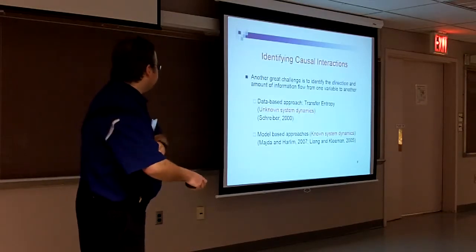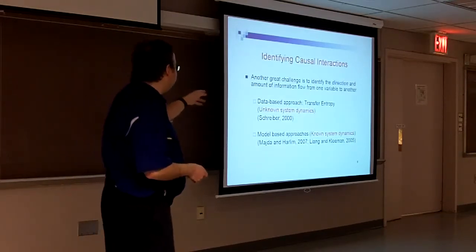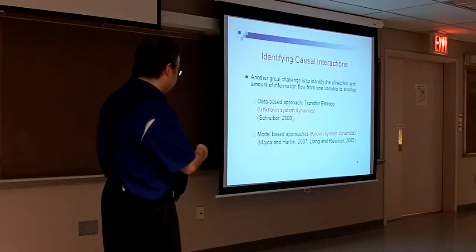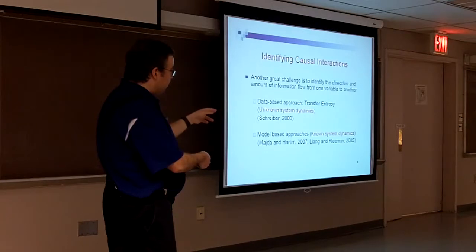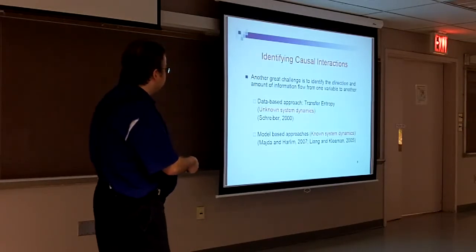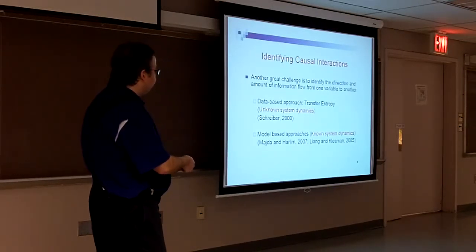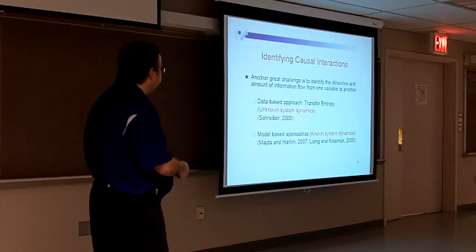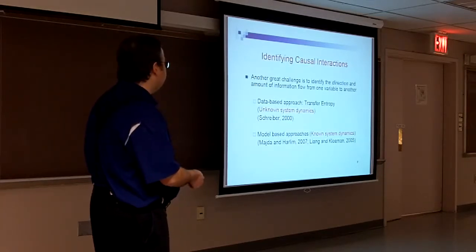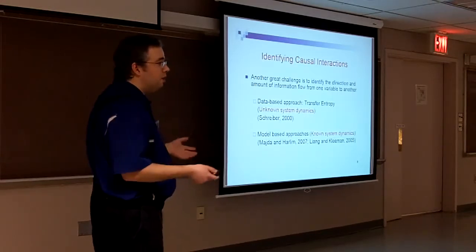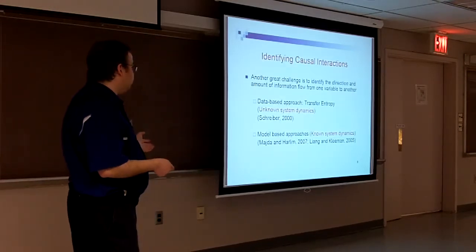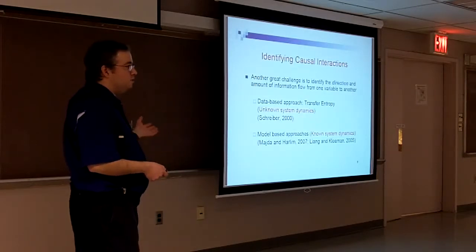So in the literature, there are some methods which are data-based approaches. Transfer entropy, it is called. The most known paper is Schreiber's paper. And there are some methods which are model-based approaches. If you know the model, you can also estimate the directionality. But this is very difficult for us since we're dealing with atmospheric sciences.